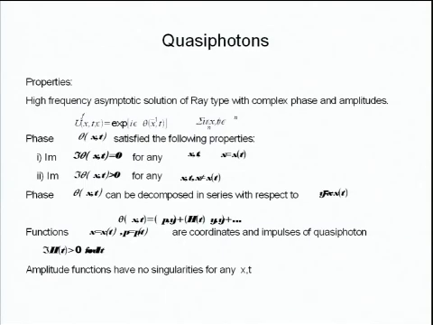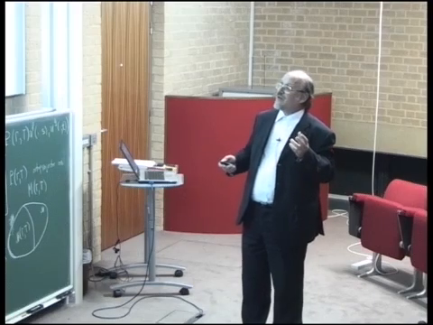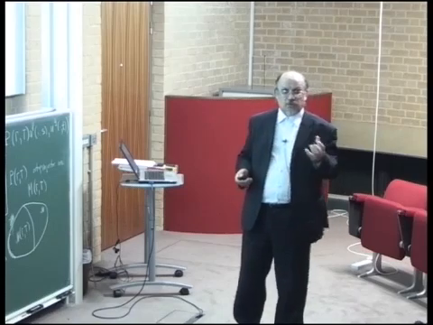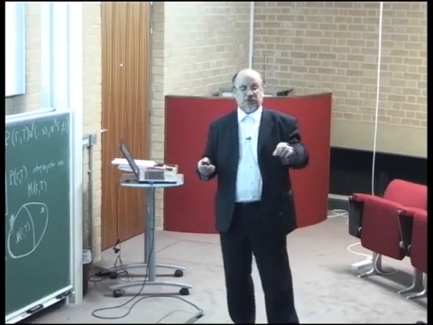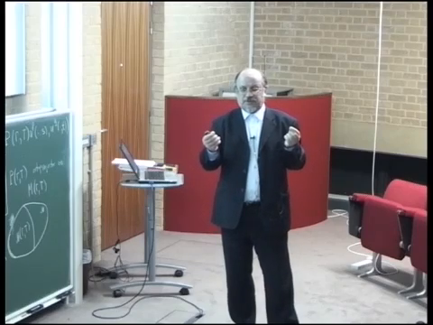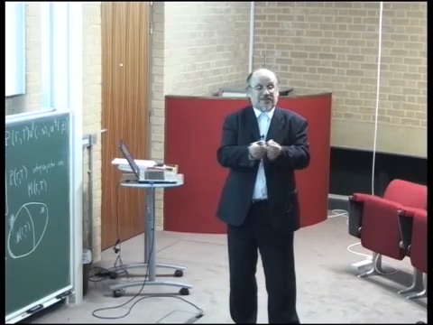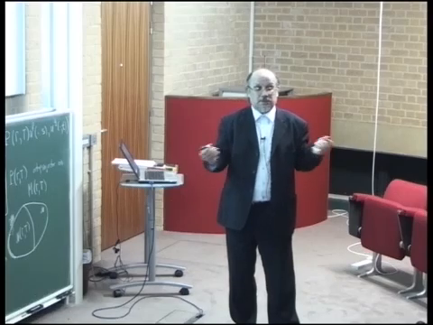It propagates along the geodesics, and the velocity of this point is equal to 1. So if we have two positions of the quasi-photon for times t1 and t2, and t1 and t2 do not differ much, then the distance between the two points is just the difference of time, nothing more.